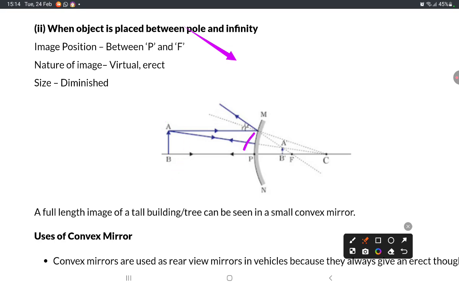Then the object is between pole and F on the other side, behind the mirror. So this is the nature of the image: virtual and erect, and the size is very diminished.